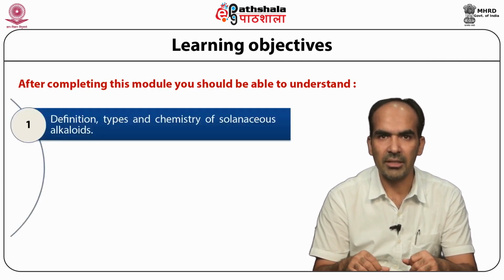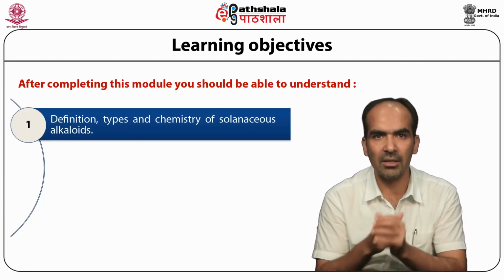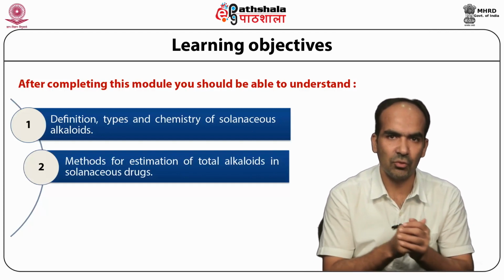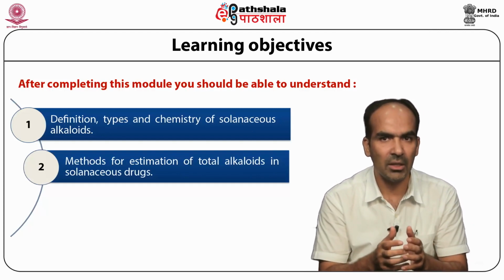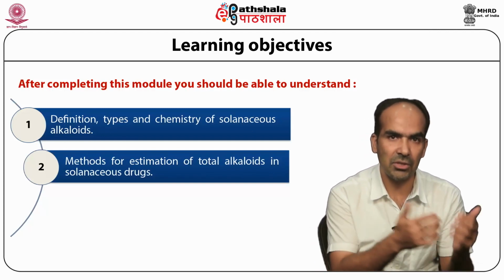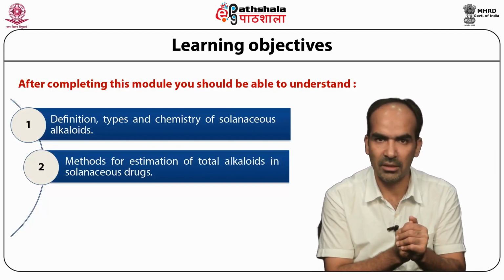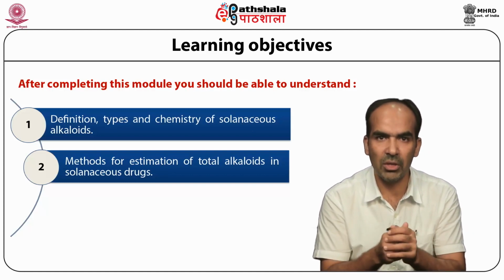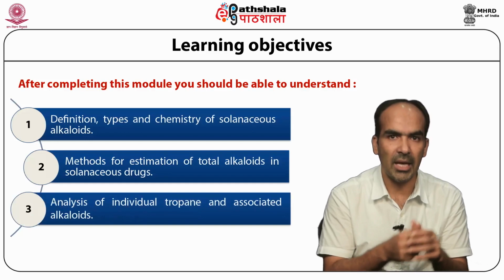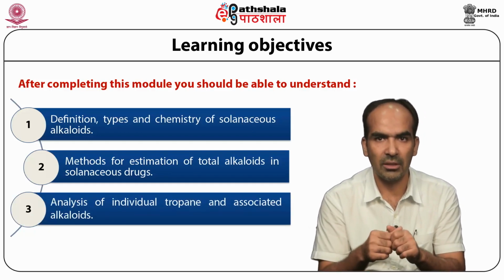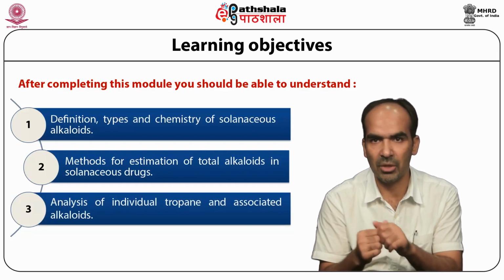Number 1, the definition, the types and the chemistry of solanaceous alkaloids, as well as various methods that are used for the estimation of total alkaloids in solanaceous drugs, as well as the individual alkaloids of the solanaceous drugs. And we will also be able to understand the analysis of individual tropine alkaloids and associated alkaloids and products.